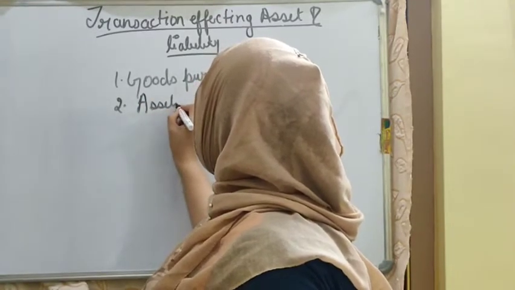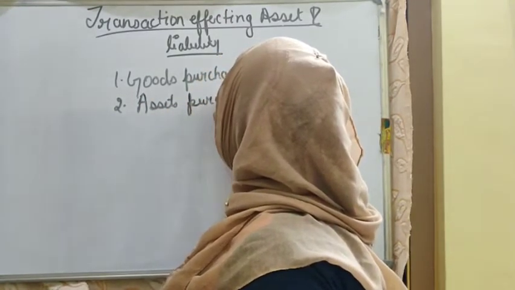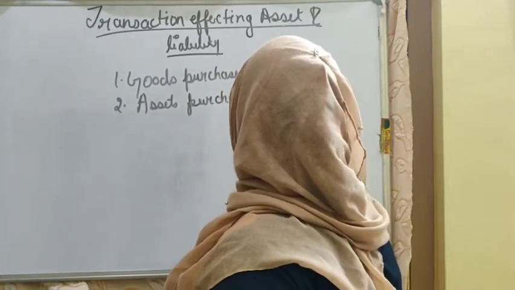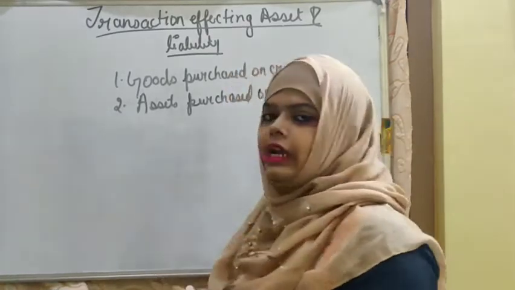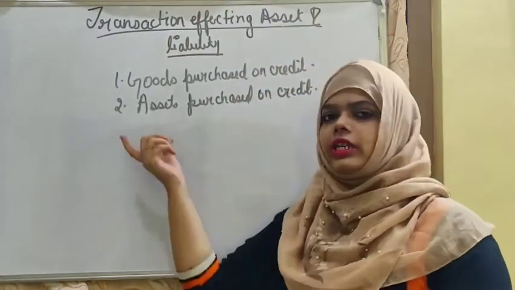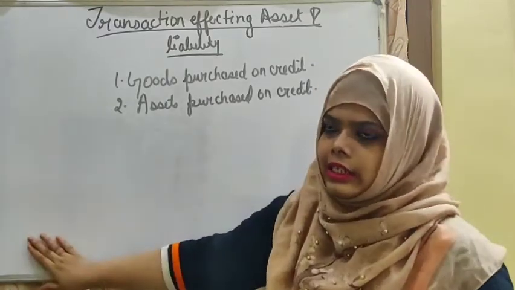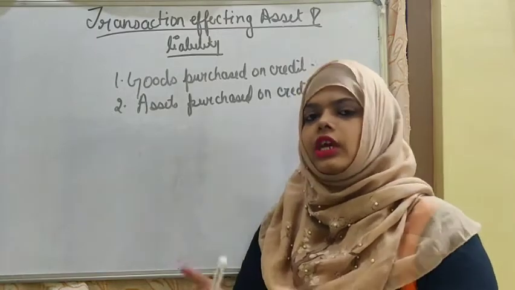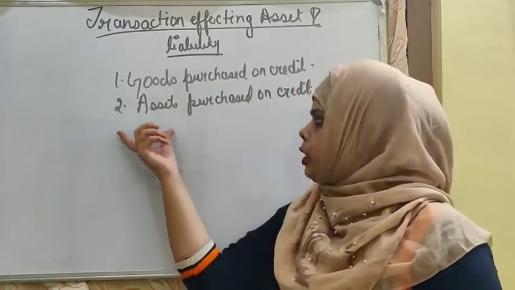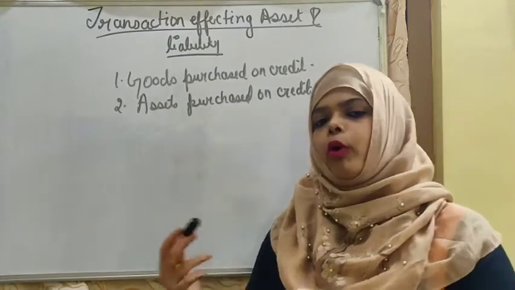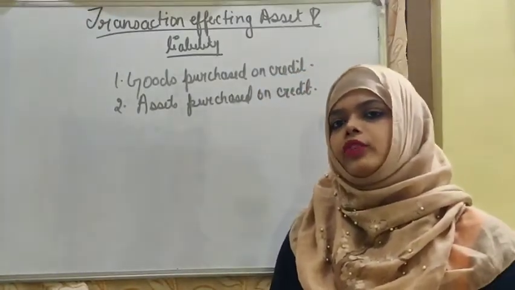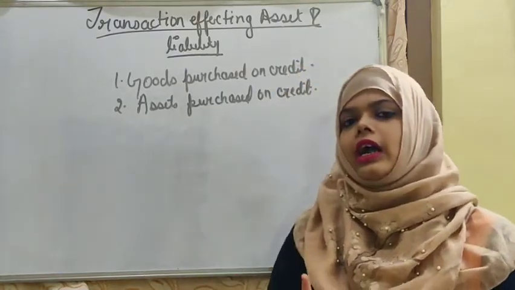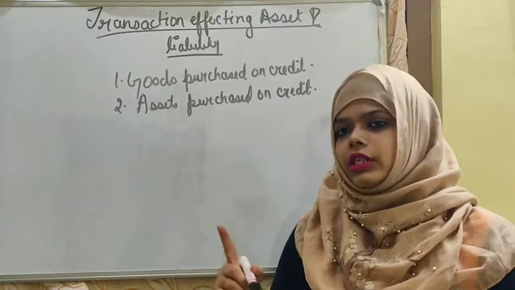Second one is assets purchased on credit. Again, the same thing is happening in this transaction. Assets are part of the asset side and credit is part of the liability side. So it will affect both sides of the equation, because the money which we owe to outside parties is outsiders' equity.